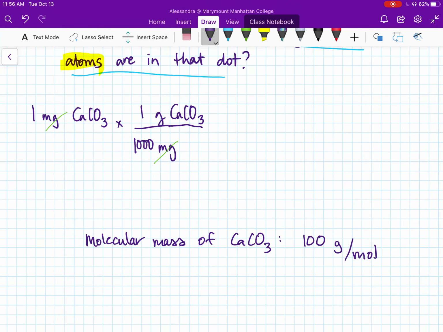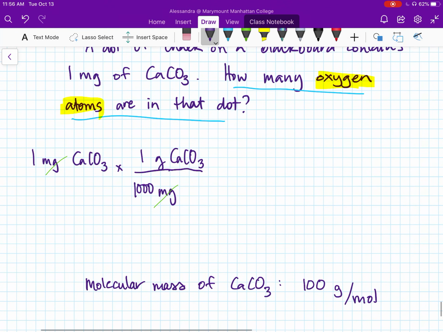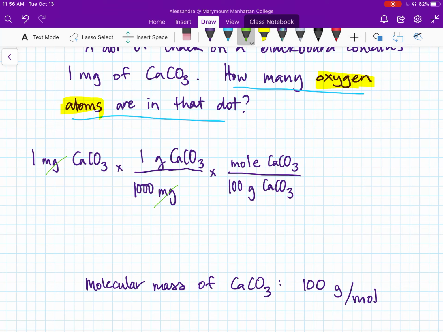Okay, so you can get that by looking up the atomic mass of calcium, the atomic mass of carbon, and the atomic mass of oxygen. So I can use that atomic mass, flip it over to get the reciprocal of it, to tell me that I have 100 grams of calcium carbonate in every mole of calcium carbonate. That will enable me to cancel out the grams of calcium carbonate and be left with moles.